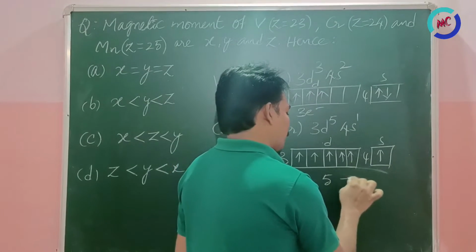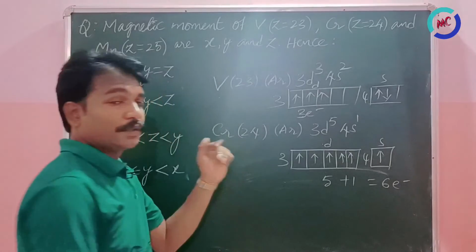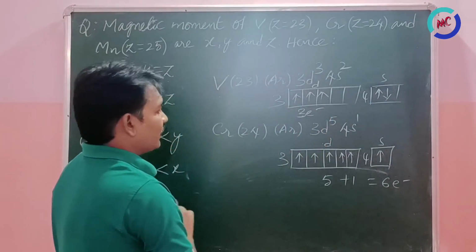Total 5 plus 1, 6 unpaired electrons are present in chromium.